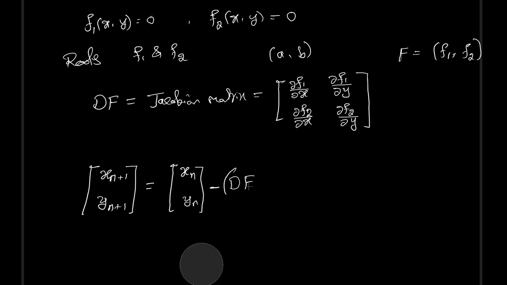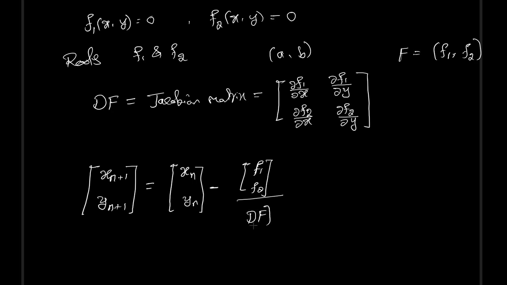Let me better write it like this. Here we need to write the given function itself, that is f1 and f2, divided by the derivative of f. In some sense this is how you can write it: xn yn minus the derivative of f whole inverse acting on f1 and f2.